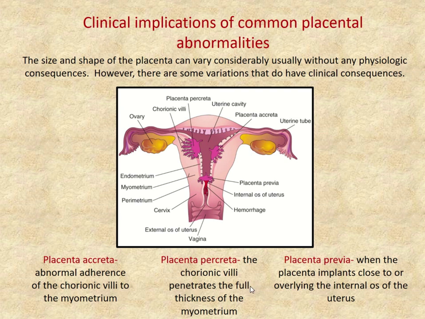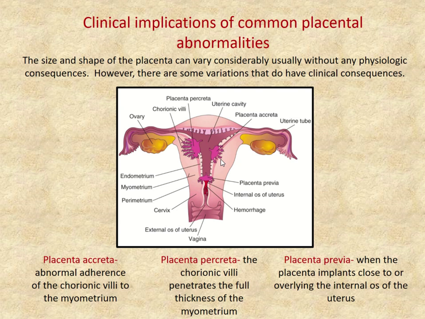The placenta is supposed to separate from the endometrium with maybe a little bit of the endometrium attached. Placenta percreta is where you have the chorionic villi that penetrates the full thickness of the myometrium. So that's depicted here, where you have a much deeper implantation of the chorion into the decidua basalis, all the way through the endometrium and through the full thickness of the myometrium. And so you could see how this is going to be problematic, because you may have to remove the uterus.